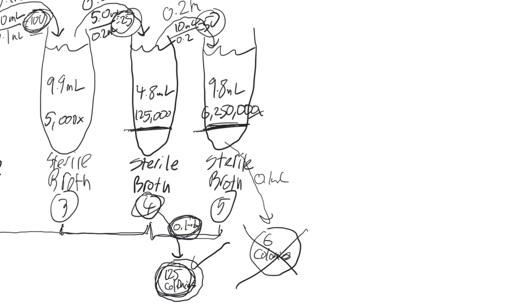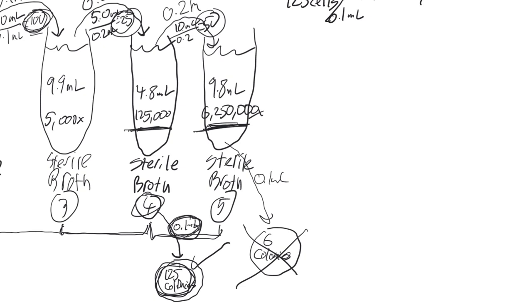I was actually carrying over 125 individual cells, and each one of those cells became its own colony. So what I know is that there are 125 cells per 0.1 mils in tube 4. Okay, which is fine.